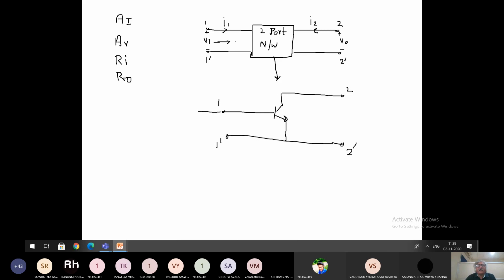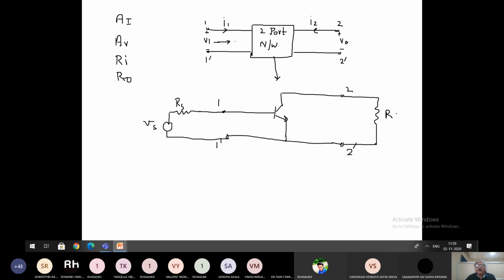What is the purpose of terminals 1 and 1 dash? These are used for the connection of external circuits. With 1 and 1 dash we connect the voltage source Vs, which has some resistance Rs, and with terminal 2 we connect an external load resistor RL so that we can get some output.